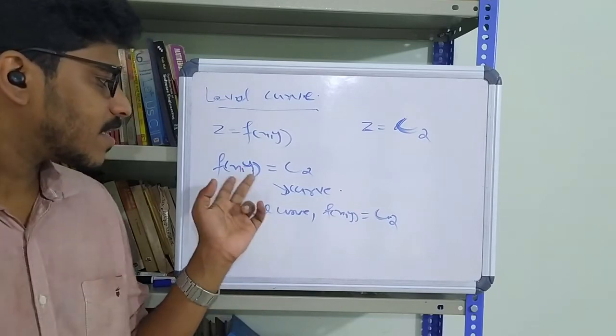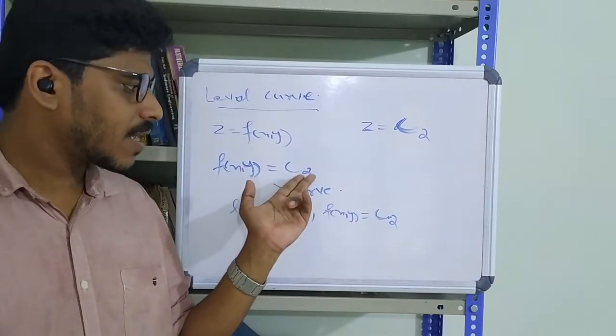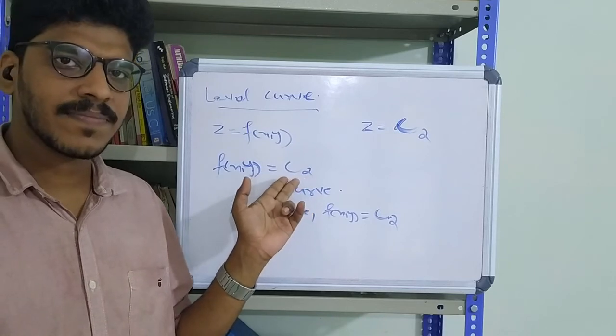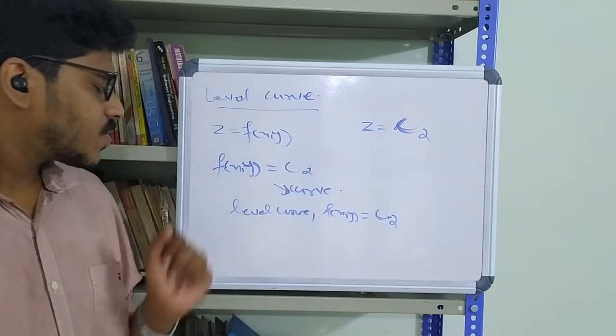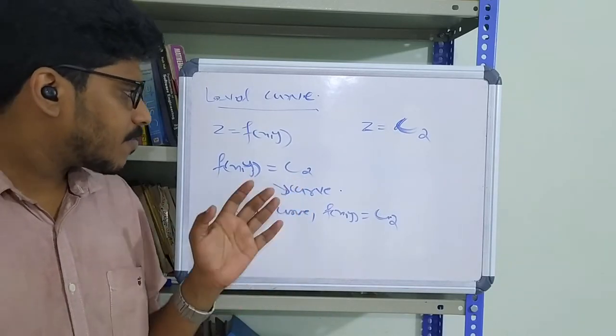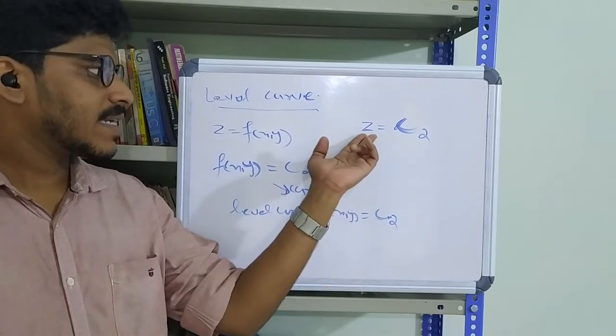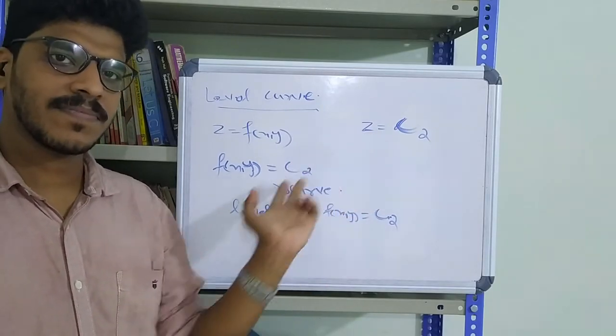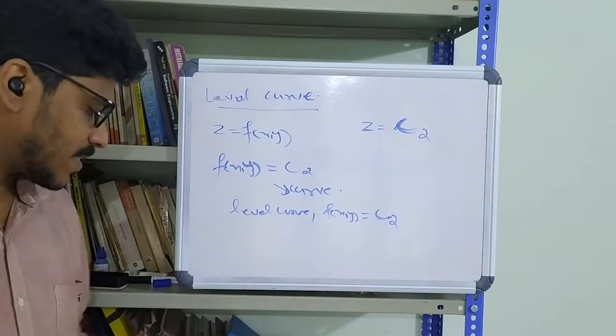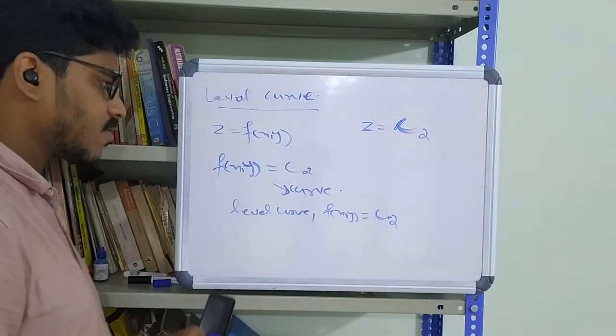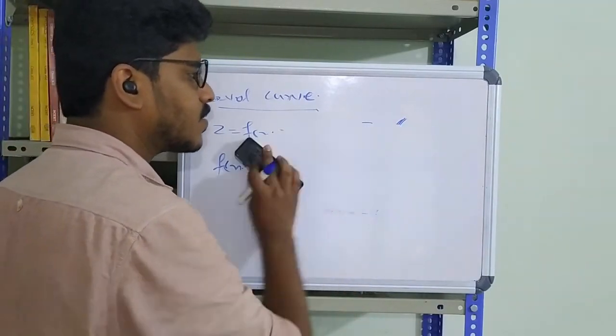So the level curve depends totally on the constant. Level curve is obtained by simply assigning a constant value to z. Okay, let's see an example now. Things will be much clearer when we go to an example.